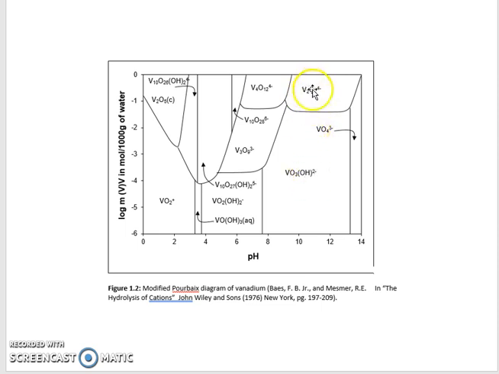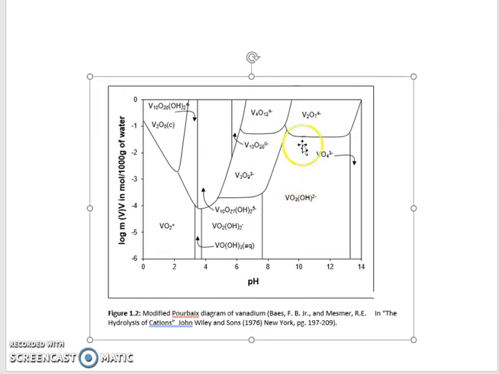So you can see the speciation changes when the concentration changes. In the Y direction, the concentration changes and therefore your speciation changes. In the X direction, your concentration is constant but your pH is changing.